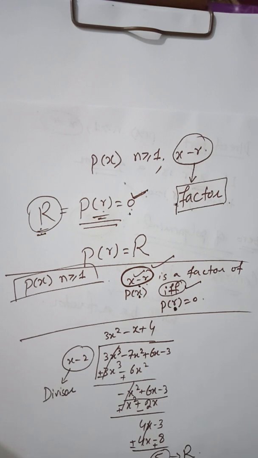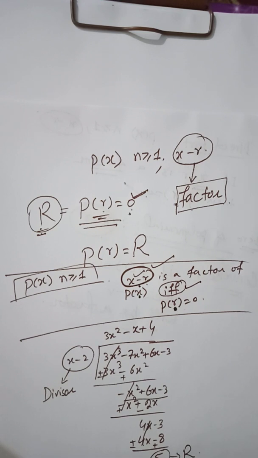So the rest of the questions are similar. Whenever in the exercise the statement says that a polynomial p of x is exactly divisible by x minus r, it means that x minus r is your factor. Here in the exercise, x minus r means x minus 1, x minus 2, x minus 3. So whenever the statement says that a given polynomial is exactly divisible by x minus 1 or 2 or 3, it means x minus 1 is your factor.